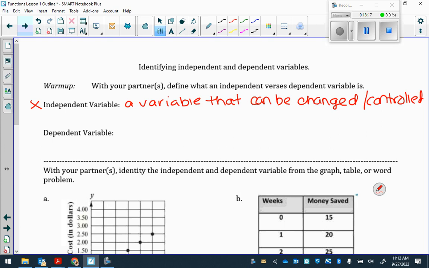So what would the dependent variable be? Good. So we have our Y value. It's a variable that is being measured. So it's the result of your independent variable.